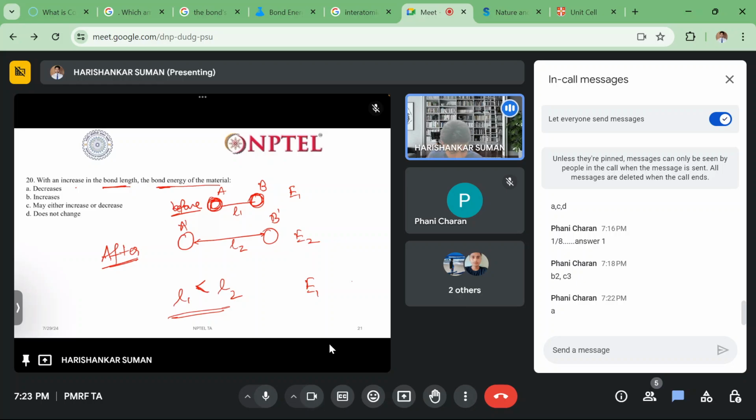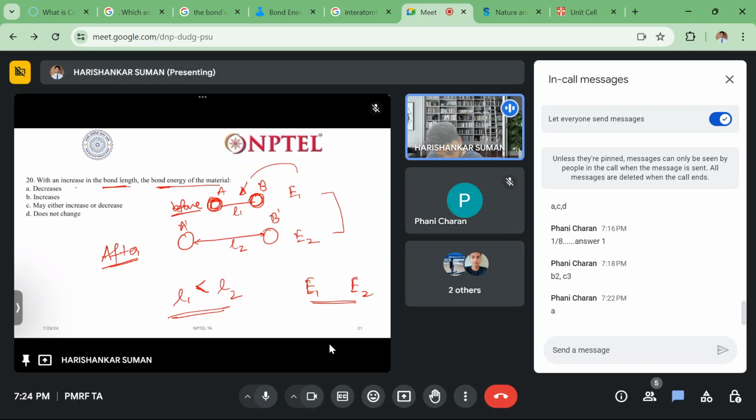What happened between E1 and E2? Bond energy can be defined as the energy needed if we have to break this bond.